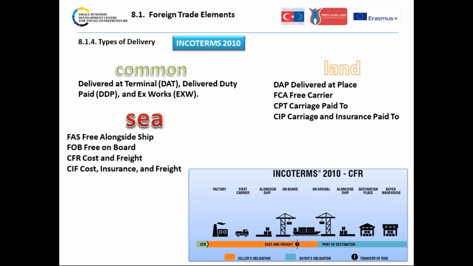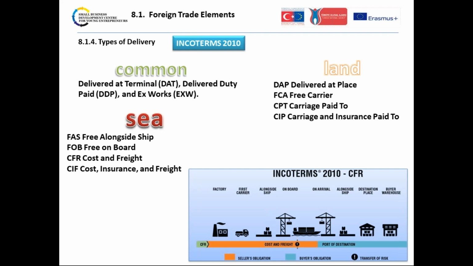These three are very common in the world, and these can be used for sea transportation and land transportation. So if somebody tells you that I want my goods with DAT, I mean delivered at terminal, you can use this for seaport, and also you can use it for land transportation.